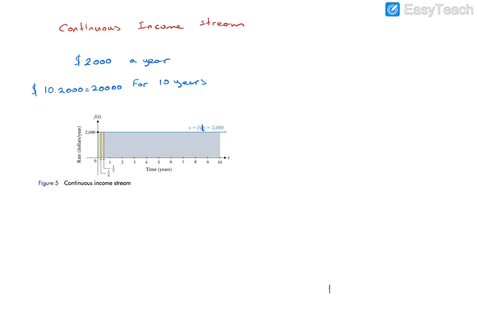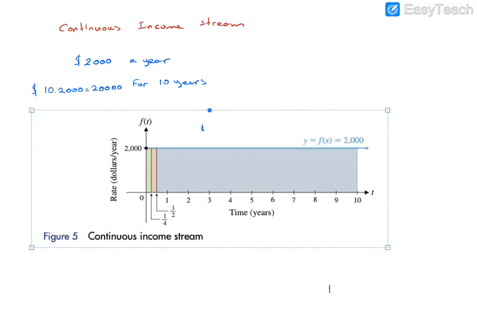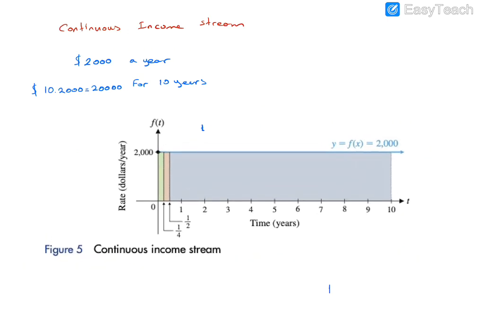For example, for t equals 1/4, I would like to enlarge it.